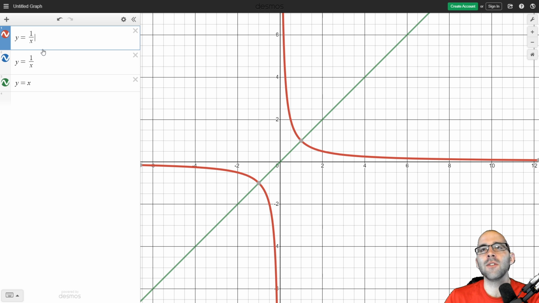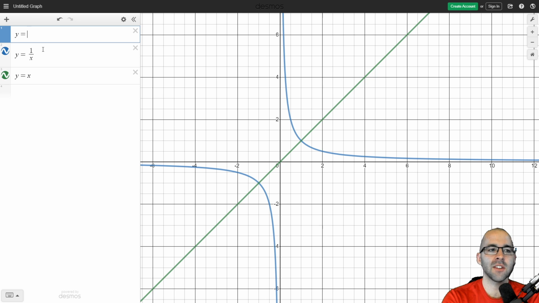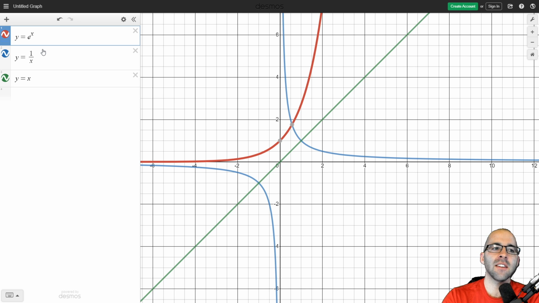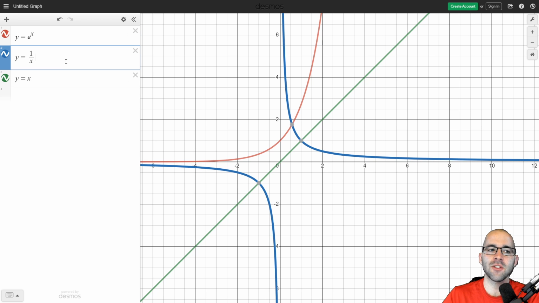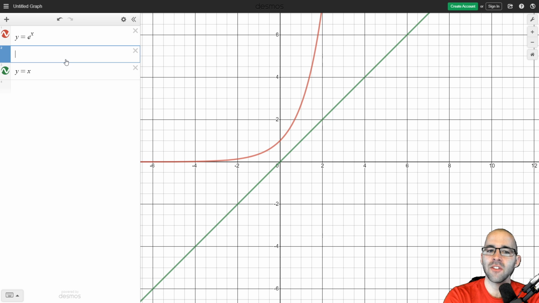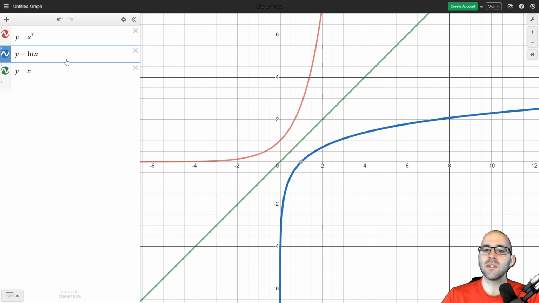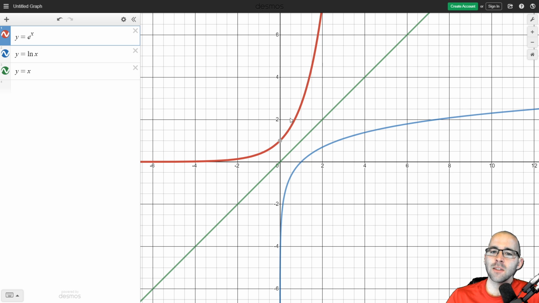Okay, I'm going to take 10 more seconds to think of another inverse function that we could talk about. Here's one: e to the x. We said the inverse of an exponential function is a logarithm. Specifically, the red is an exponential function. It has an asymptote at y equals 0, and then it gets really, really big.